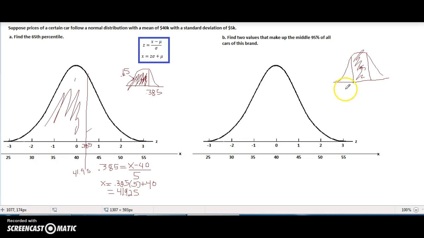And 0.05 divided by 2 gives us 0.025 in each tail, because this is both tails combined, so we have 0.025 here and 0.025 here.